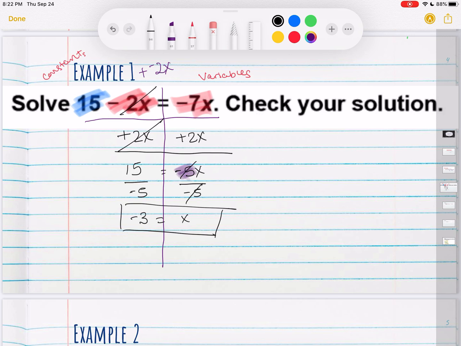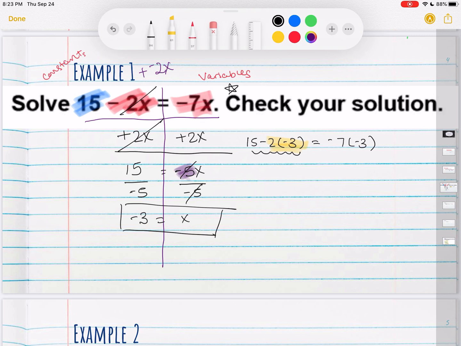Now again, I have to check my solution. So I'm going to plug negative 3 in wherever I see an x in my equation. So 15 minus 2x, with negative 3 in for x, is supposed to be equal to negative 7x, which is also negative 3 in for x. Let's simplify. Order of operations tells me I'm going to multiply first.